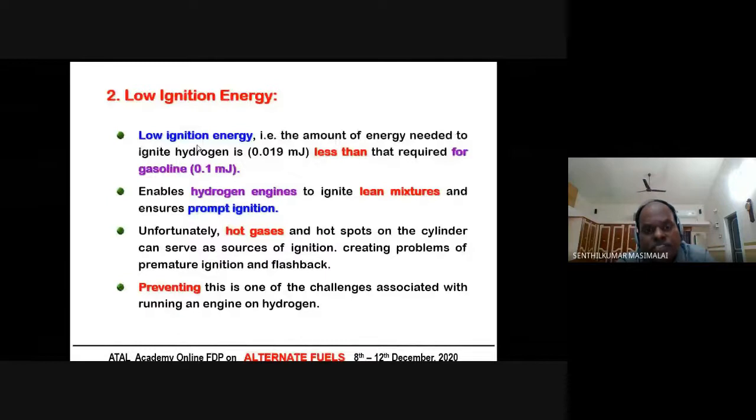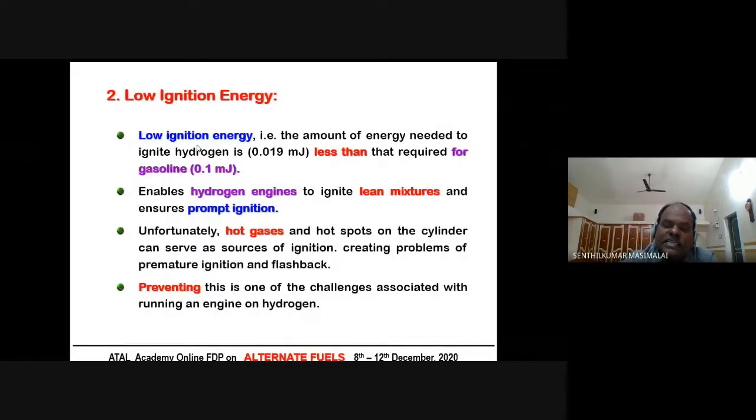But in the case of auto ignition temperature, hydrogen needs more temperature. If you look at the temperature of the candle flame and the temperature of the firing sparkler, the temperature will be almost the same, but the ignition energy provided will be different.